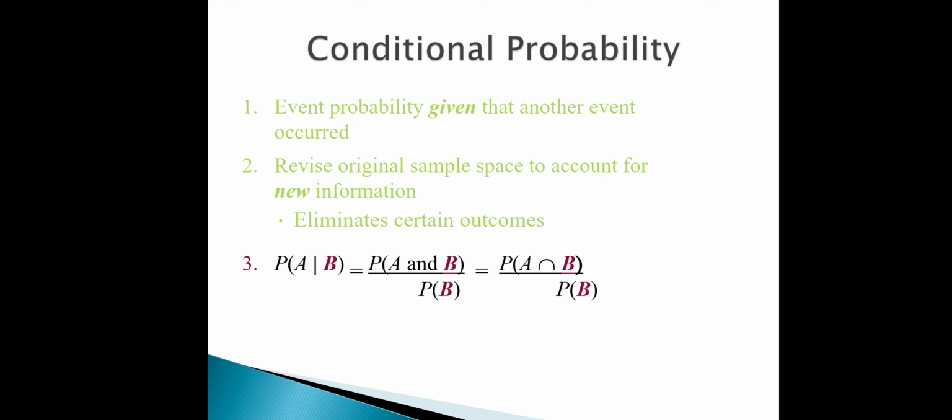Now the conditional probability mathematical statement and formula is P(A given B) is equal to P(A and B) upon P(B).